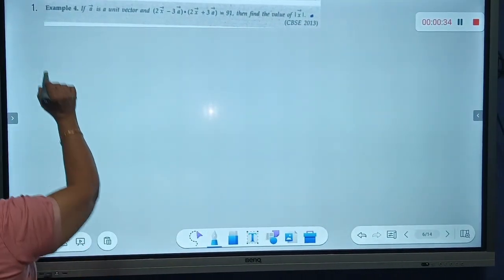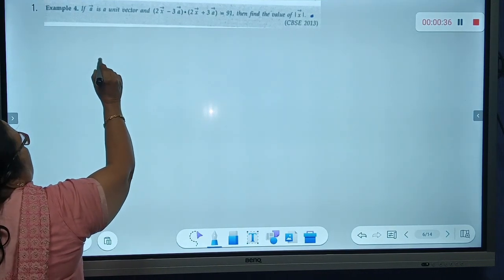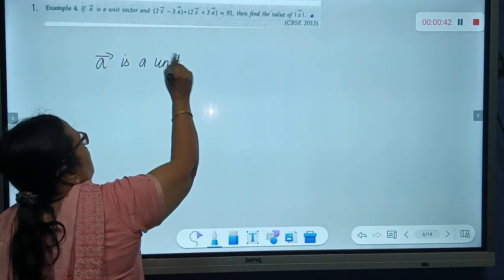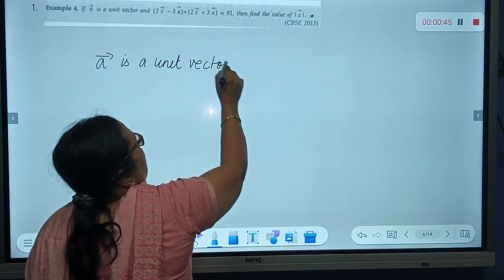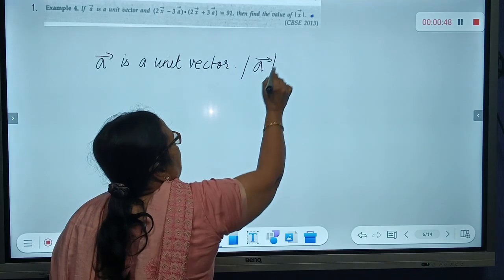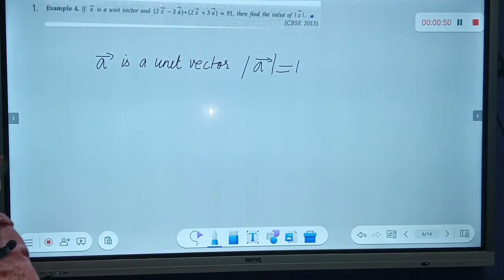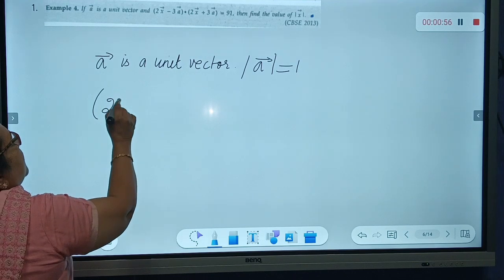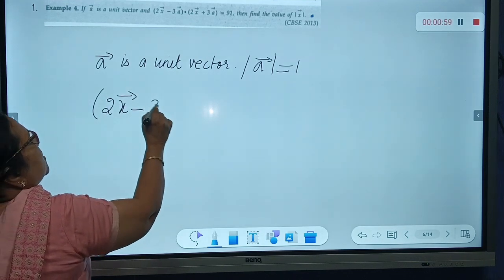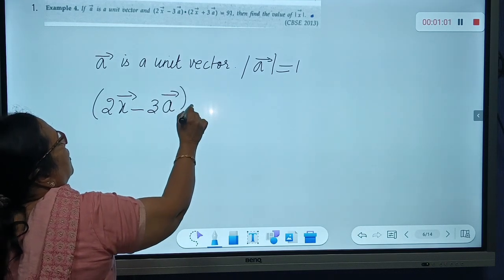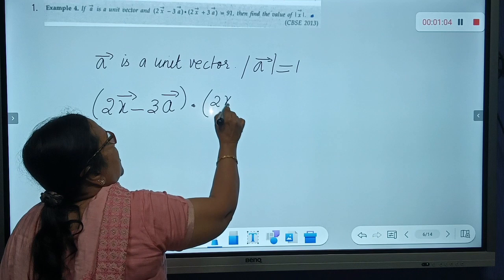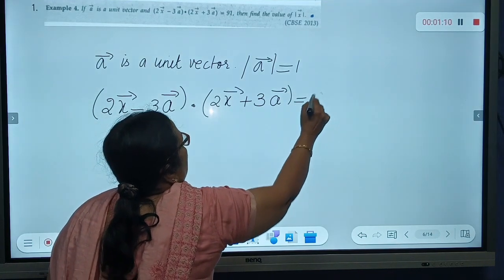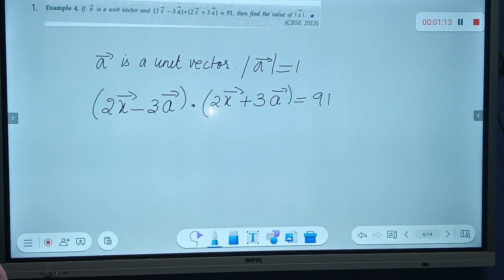Now, a vector is a unit vector. What does that mean? It means its magnitude is 1, so the modulus of a vector equals 1. That is given to you. And you are also given (2x vector minus 3a vector) dot (2x vector plus 3a vector) equals 91.